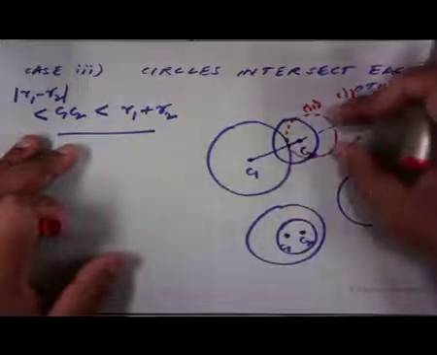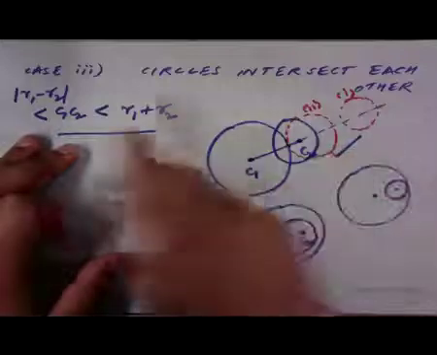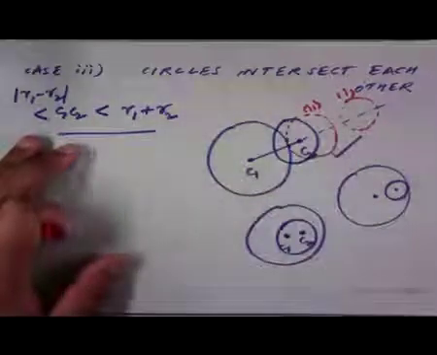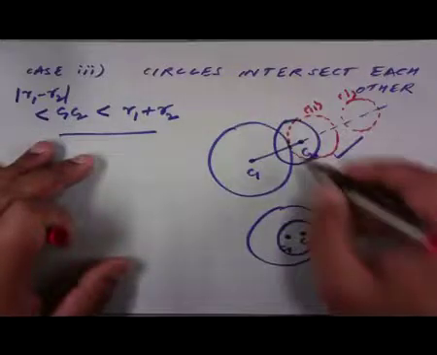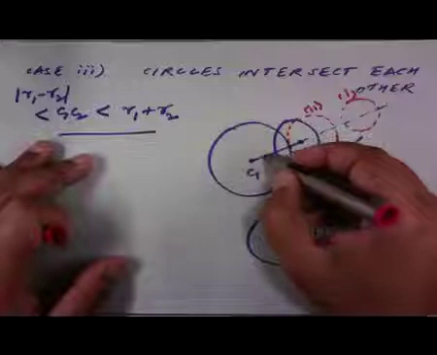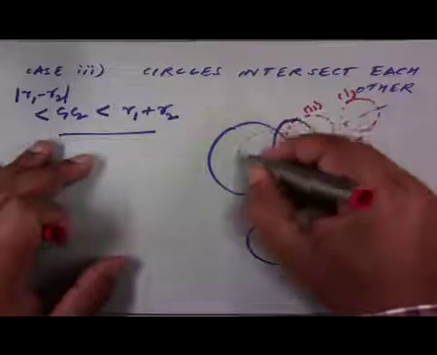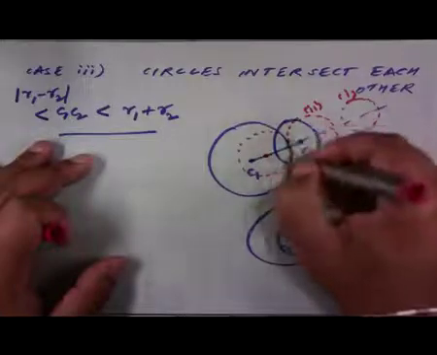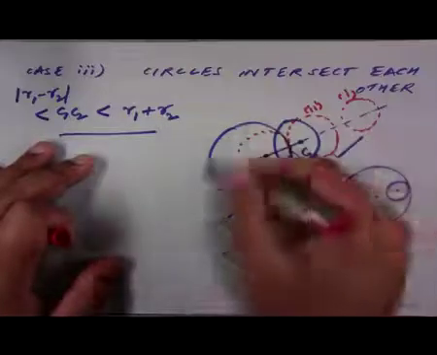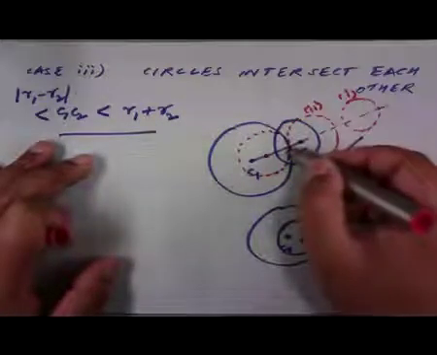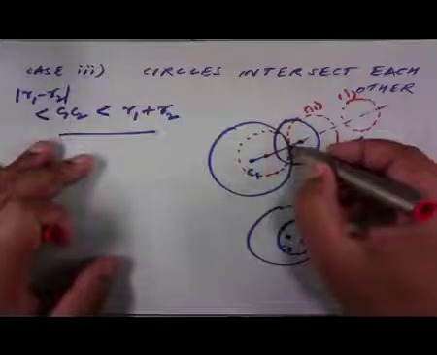Then if we move this circle further ahead, of course, we are in case 3 where they are intersecting, and if we move it even further, we will arrive at this case where the smaller circle is touching the bigger circle in blue from inside. So, it is touching it internally.